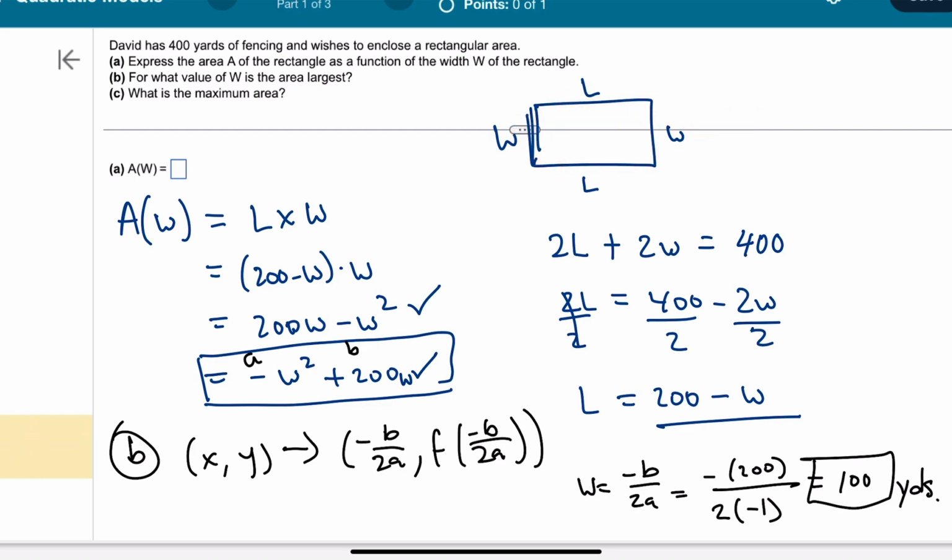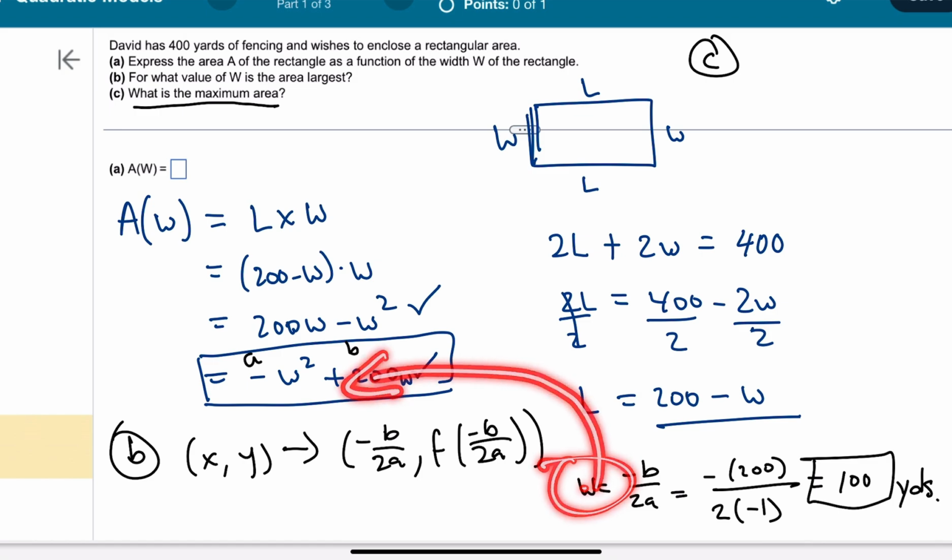Now, it's C. C is asking, what's the maximum area? So the actual area, that means that you need to plug this W into this function, okay?